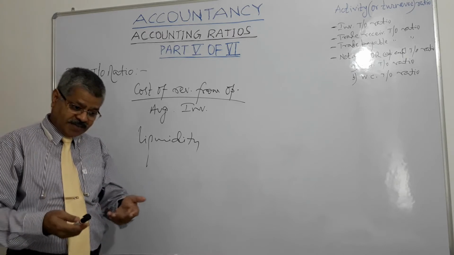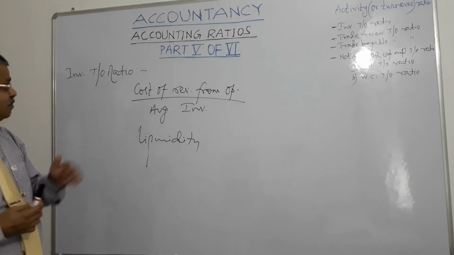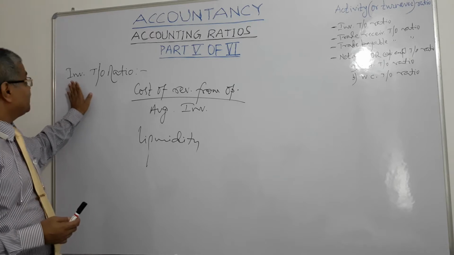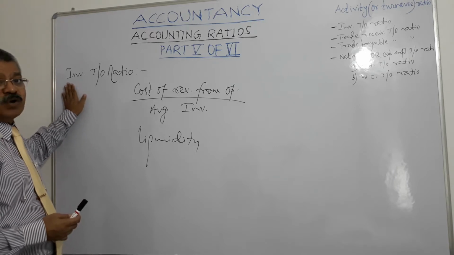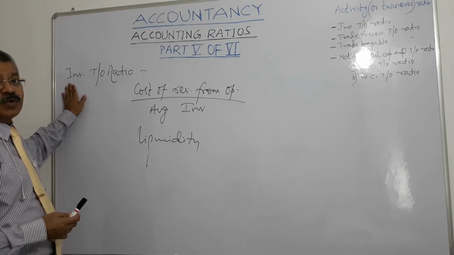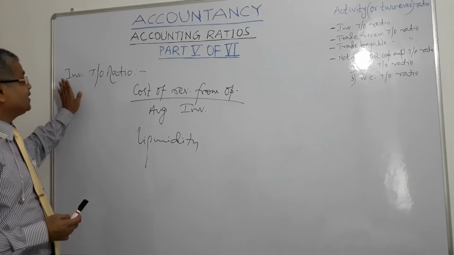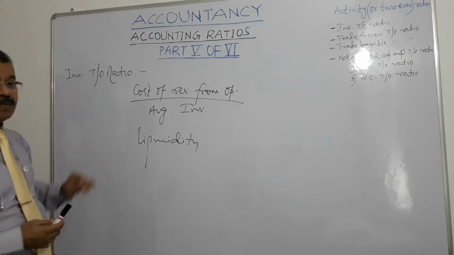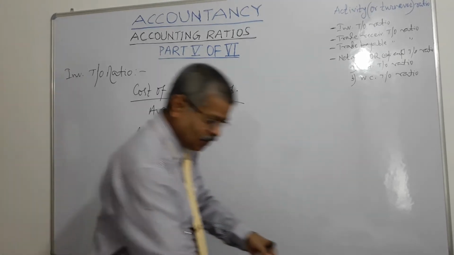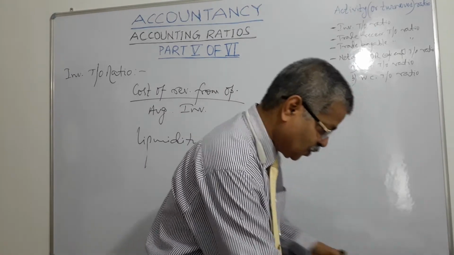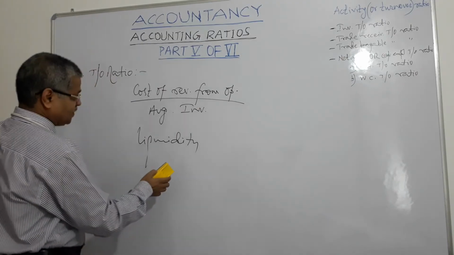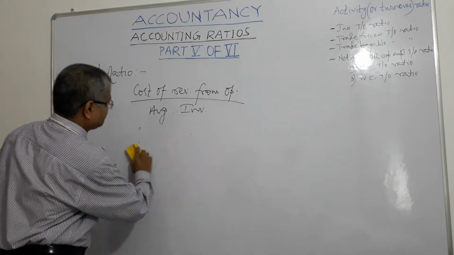Why? It clearly shows that money is stuck up in inventory and it is not being converted into revenue from operations quickly. So a high ratio is good. A low ratio is a danger signal for the business enterprise.